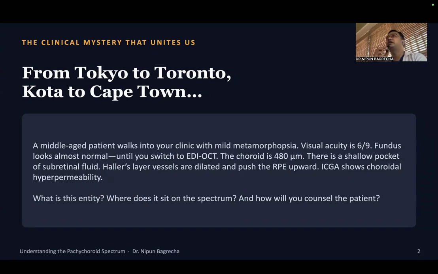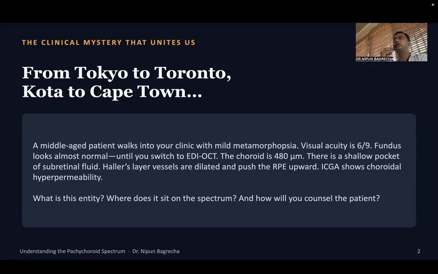Then you do an optical coherence tomography. The choroidal thickness is 480 micron, and there's a shallow pocket of subretinal fluid. Haller vessels are dilated on the EDI OCT, pushing the RPE upward. And you have an ICGA which shows choroidal hyperpermeability.